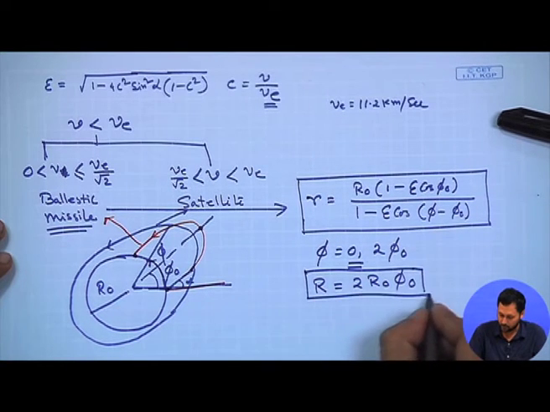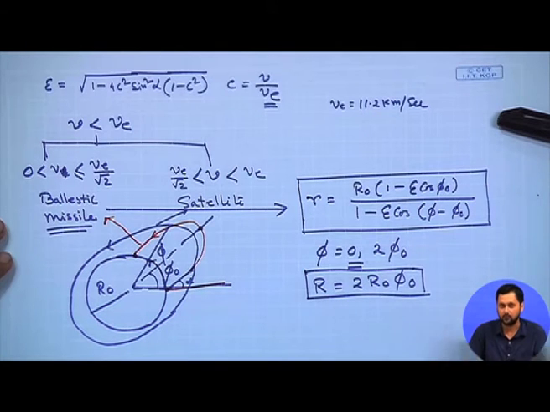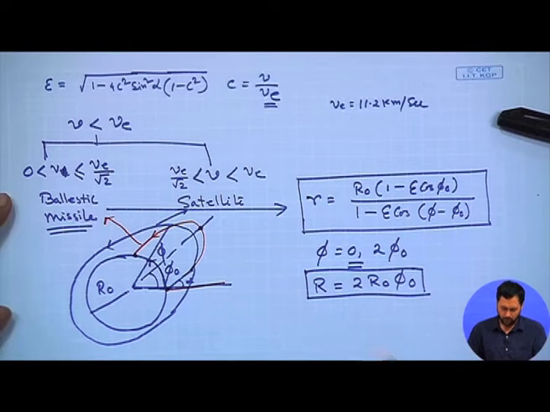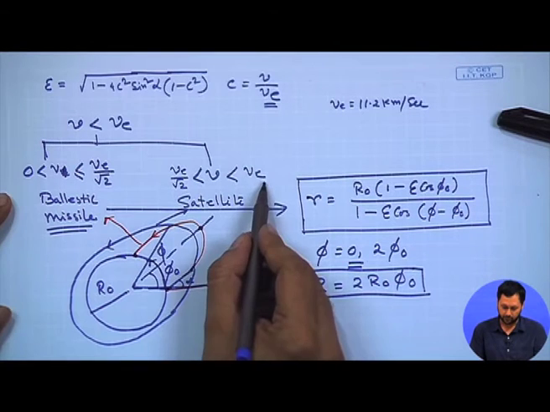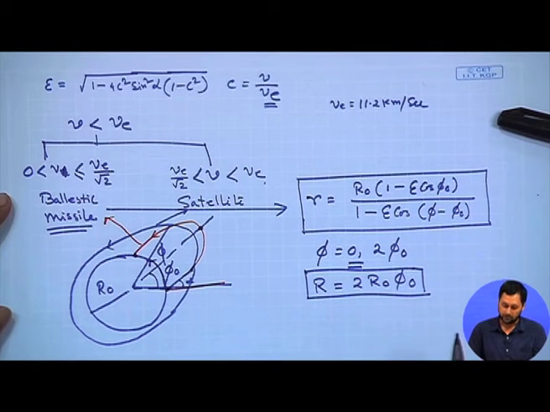Here this R is the range and r0 is the radius of the Earth. These are all for the velocity range when the velocity is below ve.